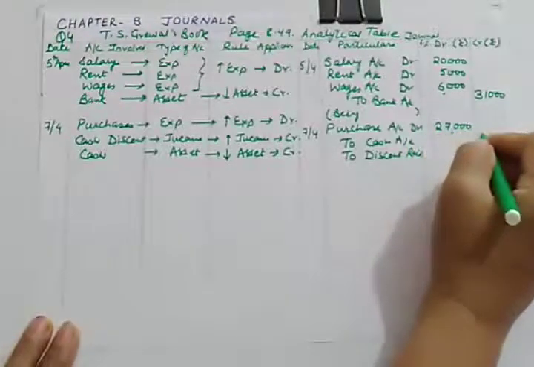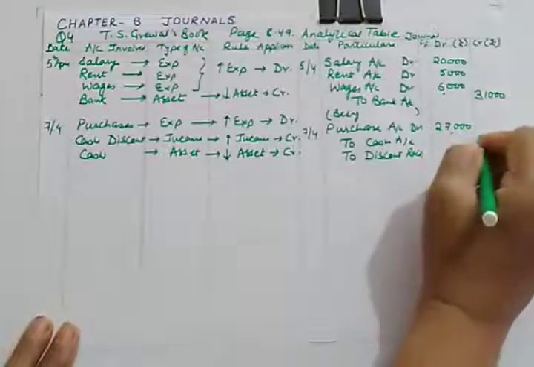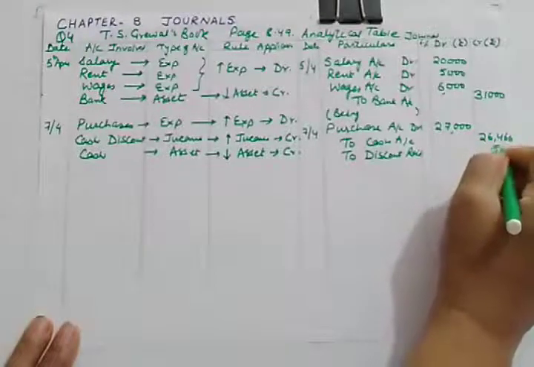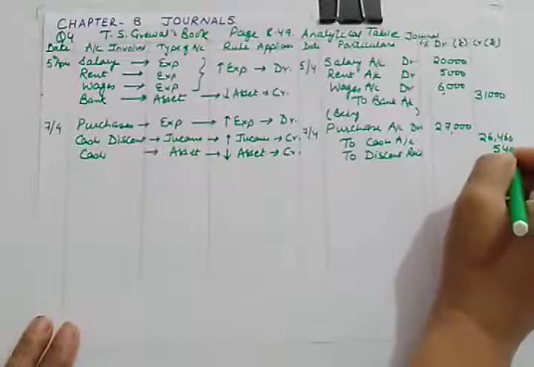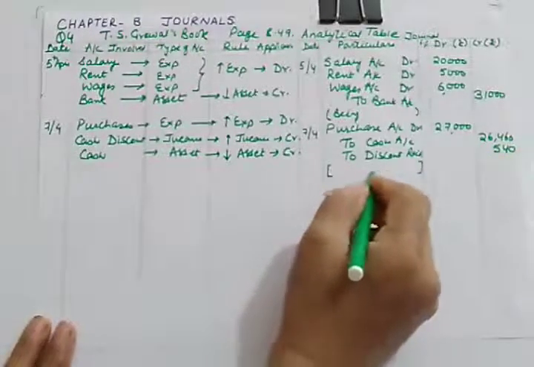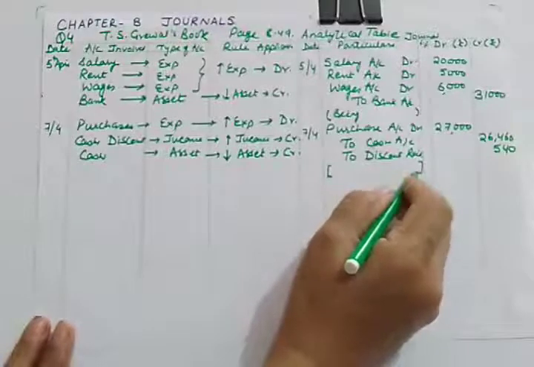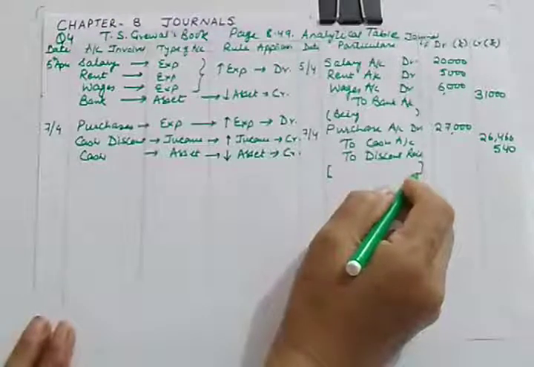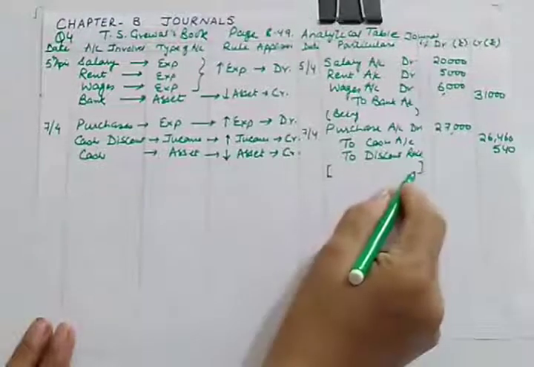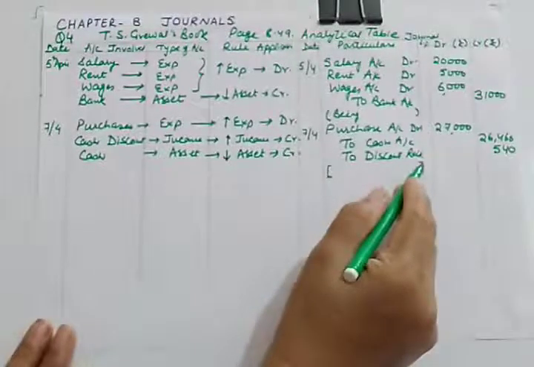And how much net cash we are paying? Net cash we are paying is 26,460, and discount received is 540. And you can mention in narration, being goods are purchased at a trade discount, you need to mention trade discount in the narration. Trade discount of 10% and cash discount of 2%.